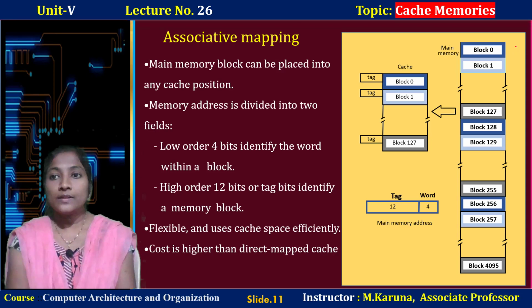For example, this is tag 0. This block is assigned to tag 1. This block is assigned to tag 127.